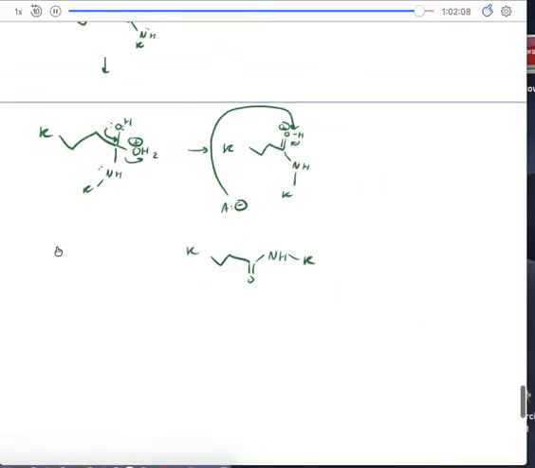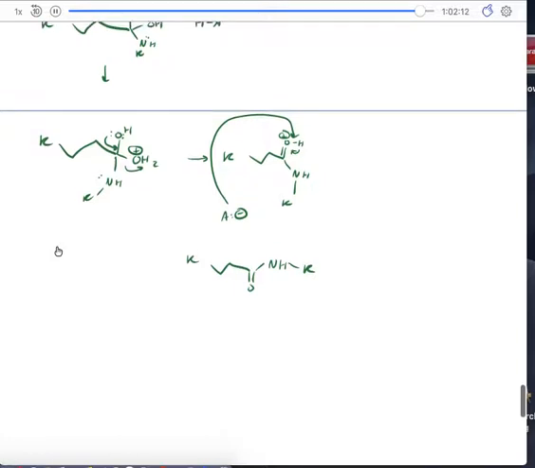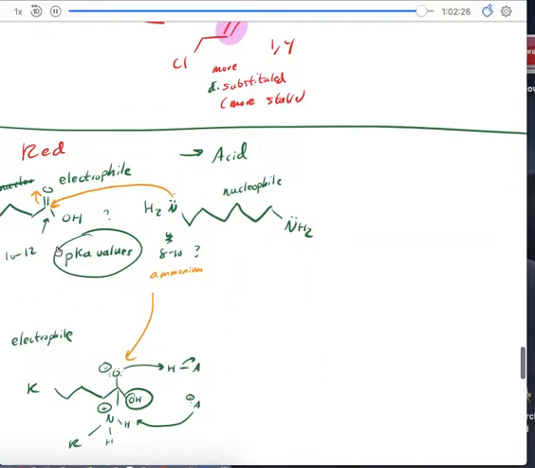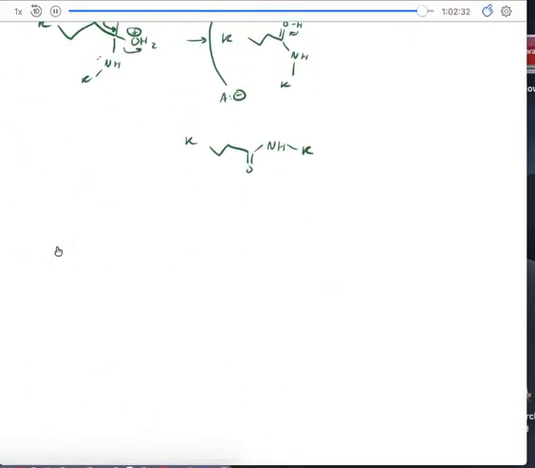I'm not sure necessarily which reactions only occur in the presence of strong acids. This one, it's basically the carbonyl compounds you have right here. The amide and the ester will both require a strong acid.